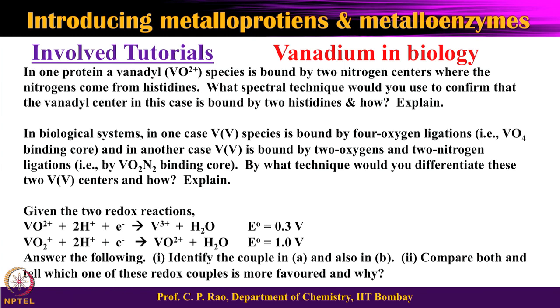So, 5 to 4 is plus 1, 4 to 3 is plus 0.3, that means 5 to 4 is more favored as compared to 4 to 3, but both are favored because both are positive. You have to take delta G is minus nFE; since the potentials are positive it will still be negative. 5 to 4 is a more negative value, 4 to 3 is a less negative value of delta G, and therefore the corresponding feasibilities.